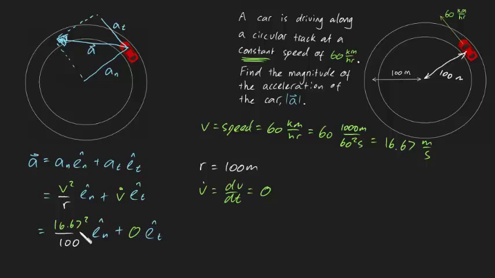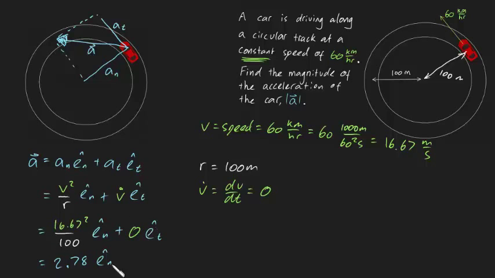And if you were to plug that into your calculator, you'd get 16.67 squared divided by 100, that's 2.78 meters per second squared. And don't forget we times it by our unit vector again, plus 0 et. Well, because this is a 0 here, we can actually ignore et, or you could continue writing it as 0 if you like, but I'm just going to ignore it because there's no component.